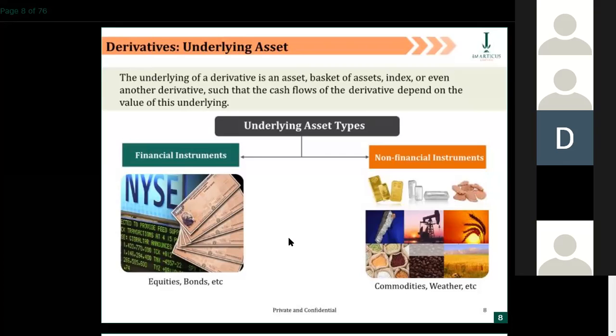It is good in the sense that you can take a contract from the other party which can save you in difficult times. That way it is a good contract wherein you are able to transfer your risk to another party. That is the beauty of the derivative contract.